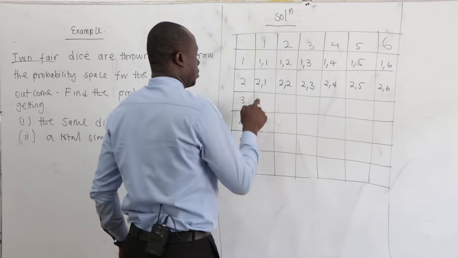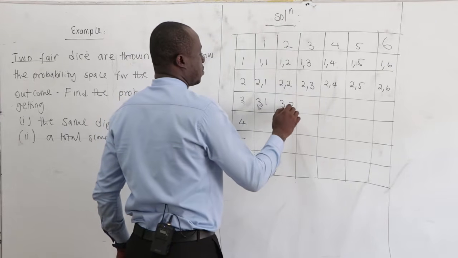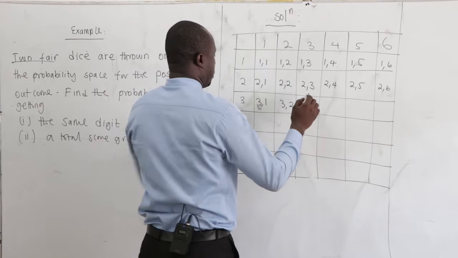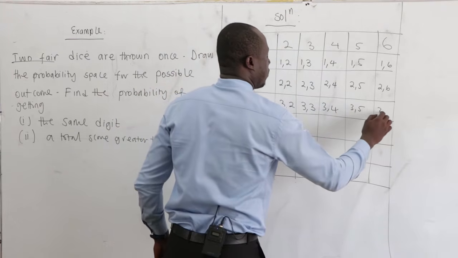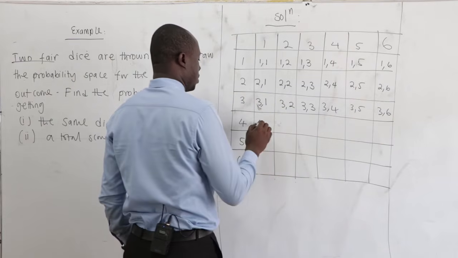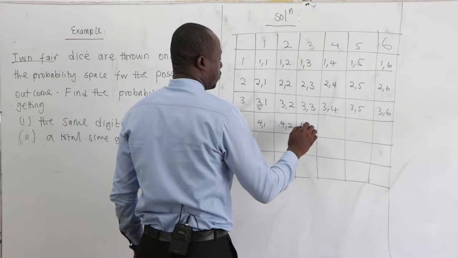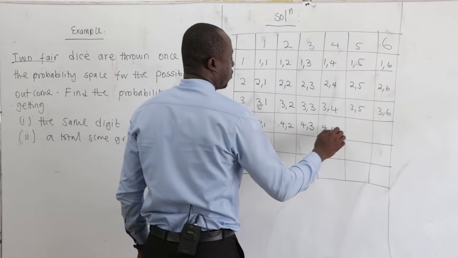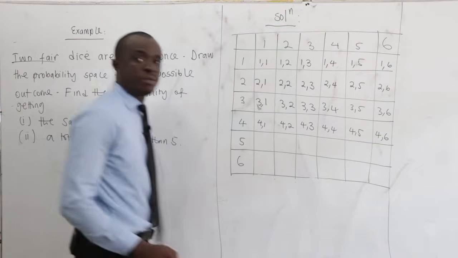And then here will be 3,1. Then move to 3,2, 3,3, 3,4, 3,5, 3,6. And here will be either 4,1, 4,2, 4,3, 4,4, 4,5, and then we have 4,6.